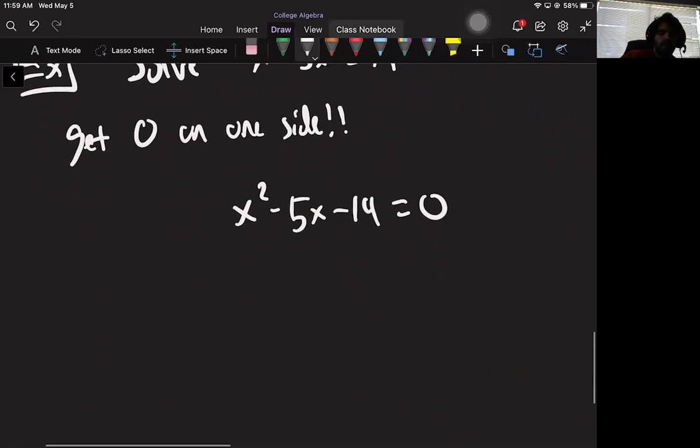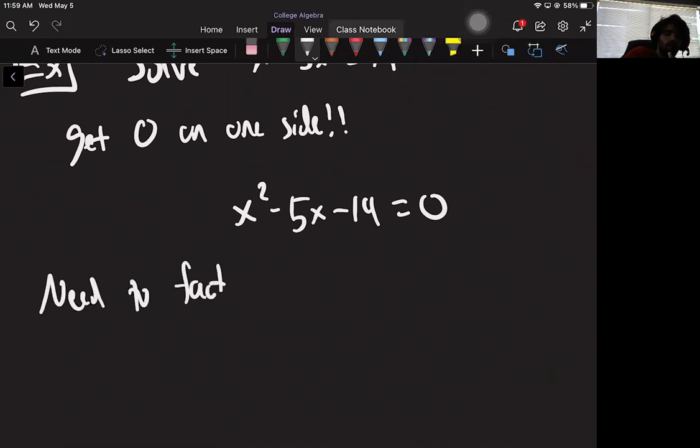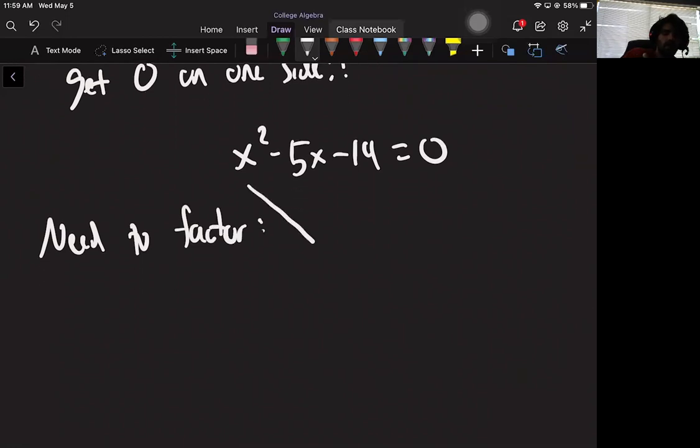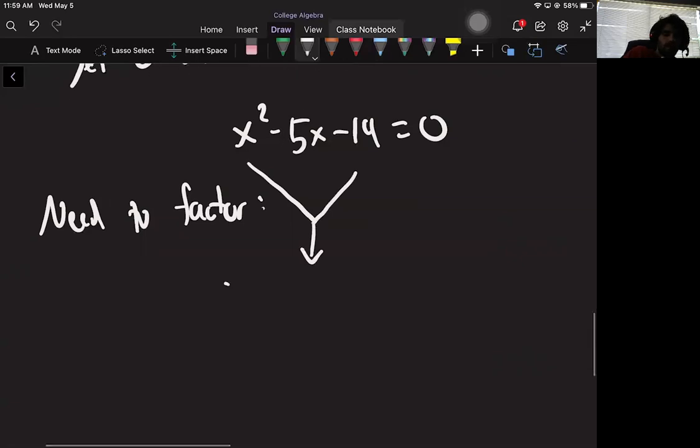Now, this is an addition of 3 things. It's x squared minus 5x minus 14. We don't have a multiplication, so we can't use the zero product rule yet. So next we need to factor. That will allow us to use the zero product rule. But luckily we've practiced factoring so much that hopefully we can do this pretty quickly.